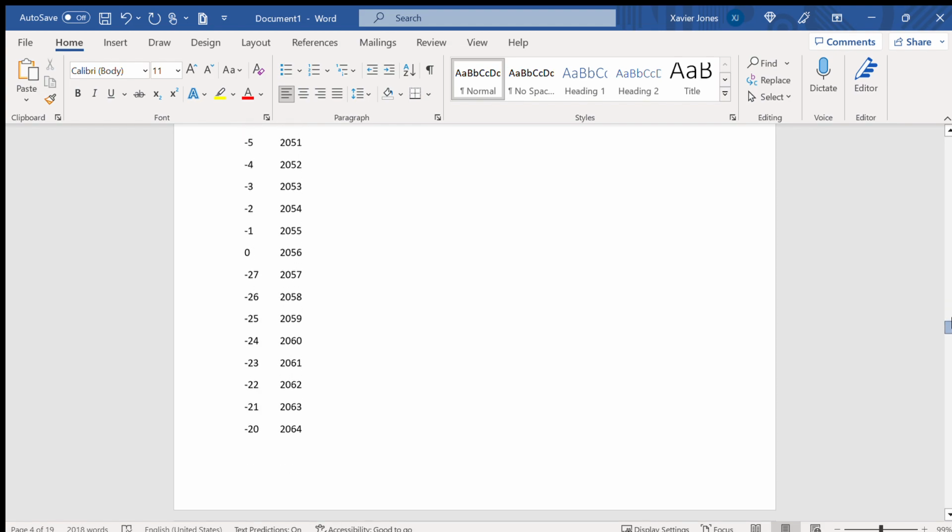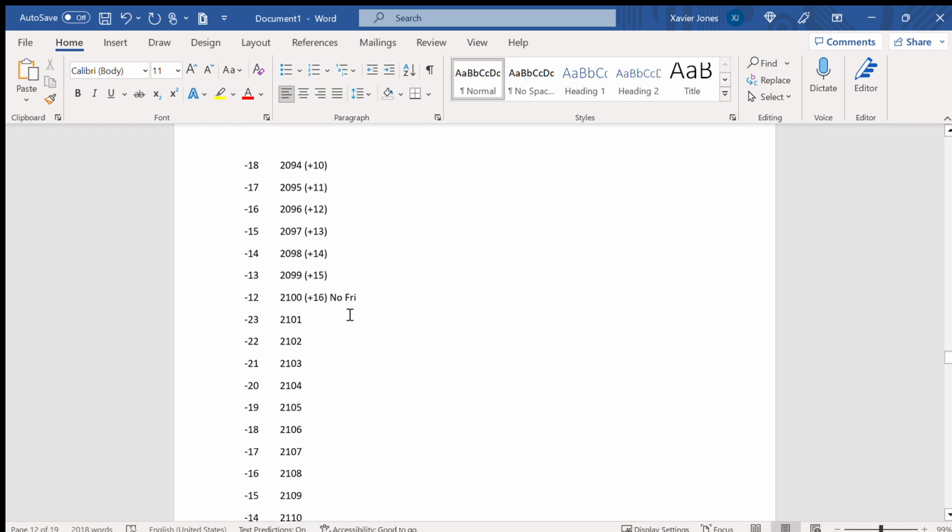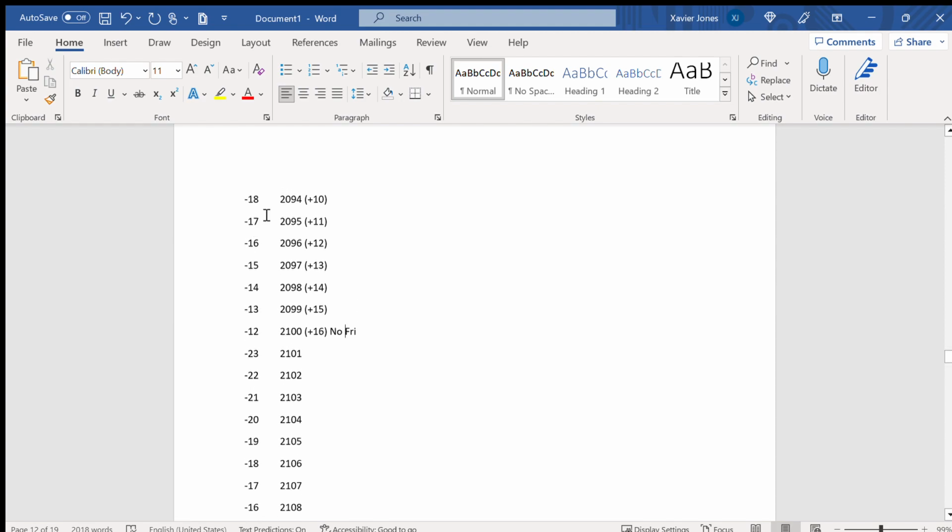Lost track of it. Oh, there it is. That's the same as 6 years previous. I'm on to something here. So 2094 should be the same calendar as 2100. No Friday, so 2094 should be a no Friday.